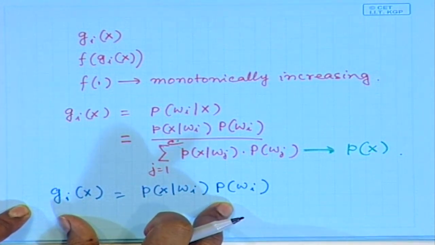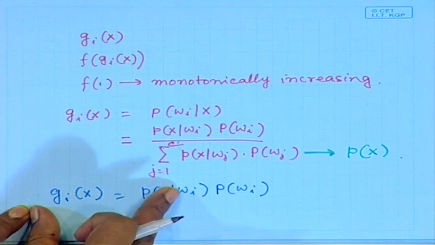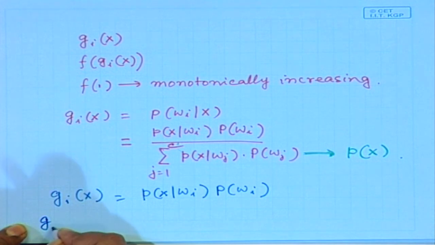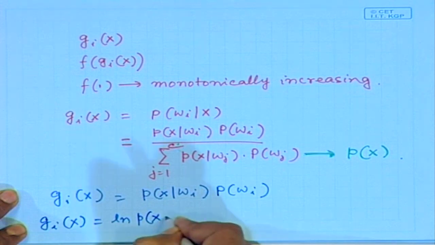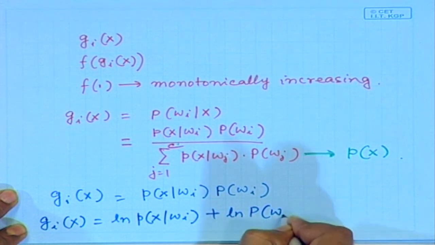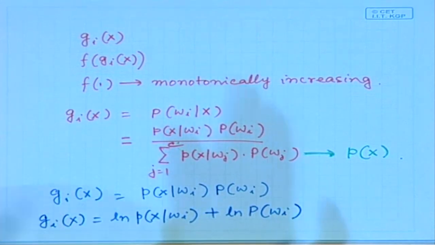So, instead of using this, I can use the log of this as my discriminant function. Here I have replaced the product by a summation, so it becomes mathematically more convenient.